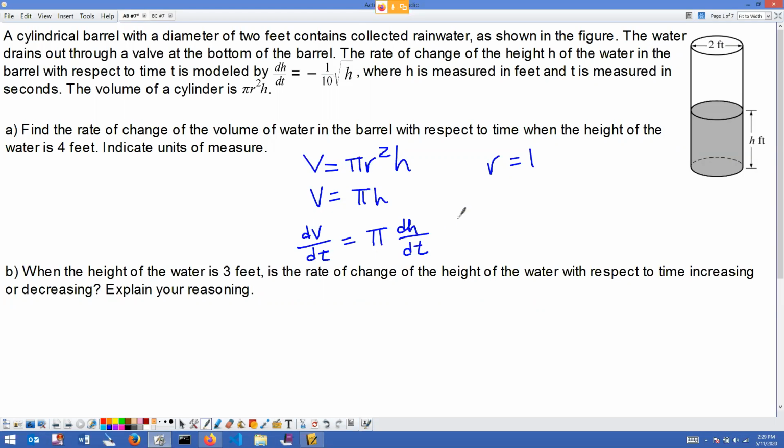And we know what dh/dt is, given to us in the problem, so this is now negative pi over 10 root h is equal to dV/dt. And we want to know what this is when the height is 4 feet. So this will be negative 2 pi over 10, or negative pi over 5, and our units are feet. So it should be feet per, t is measured in seconds, so feet per second.